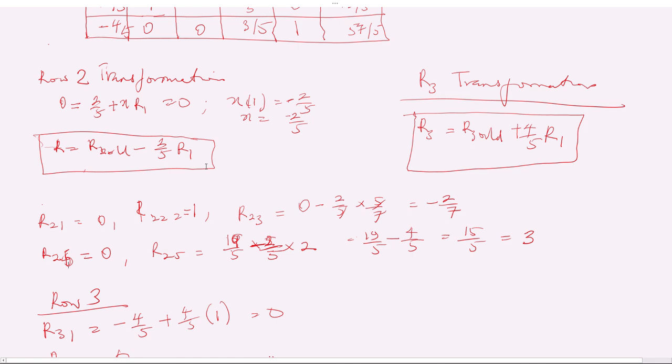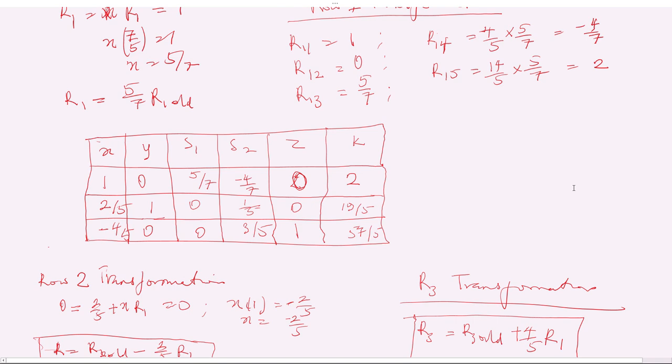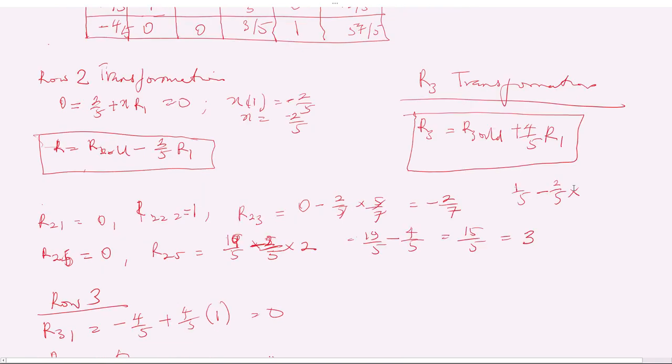That should be 1 over 5 minus 2 over 5 times R1. What is R1 at that time? R1 was minus 4 over 7.